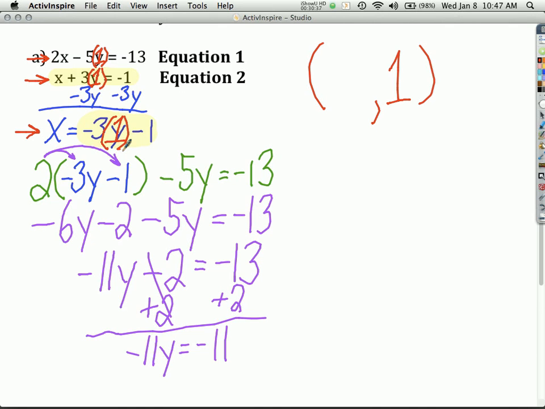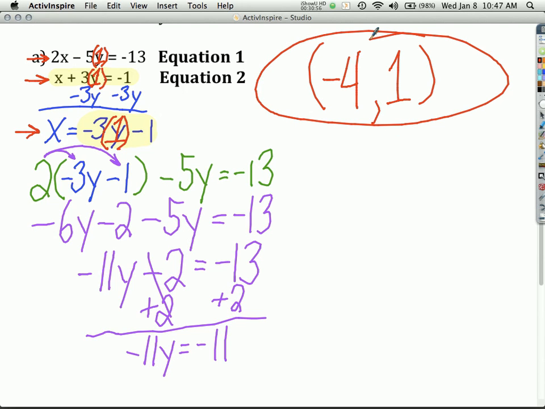So what is x equal to? Yeah, mental math, right? Zabari? Negative 4. Thank you for saying it. Negative 4. Yeah. So the ordered pair that will solve this system is negative 4, comma 1.